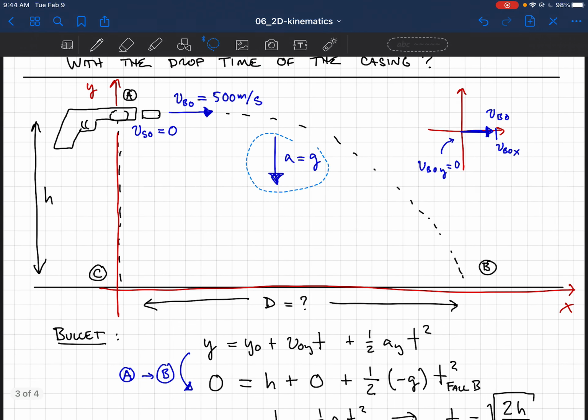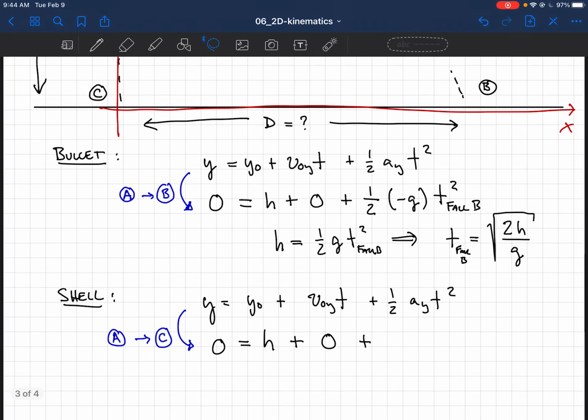And then finally we have the acceleration of the shell. Well, because it's free fall, because we're talking about the acceleration due to gravity of all objects near the surface of the Earth, this acceleration vector pertains to both the bullet and the shell. So it will be exactly the same acceleration. So this will be minus g for ay, and this will be t shell fall squared.